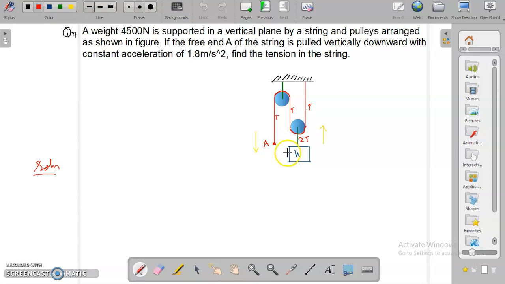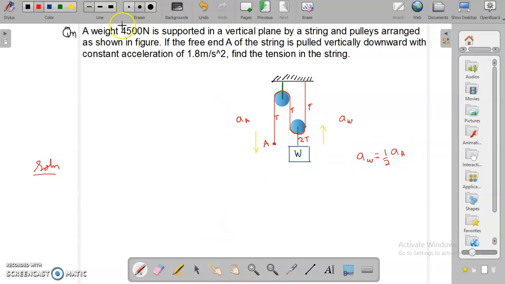Regarding the acceleration, the acceleration at point A will be twice that of the weight. Let the acceleration of point A be AA and the acceleration of the weight be AW. Then AW will be only half the value of AA.